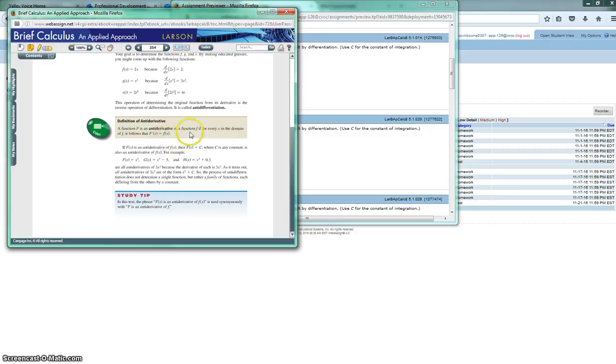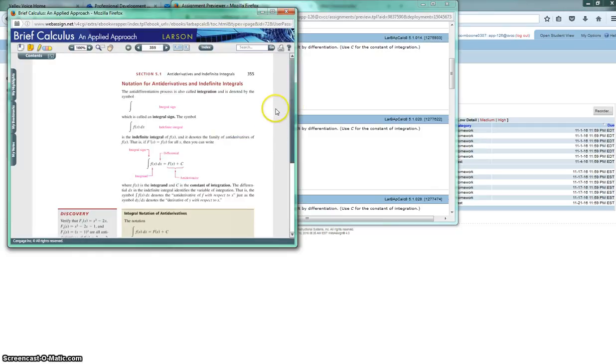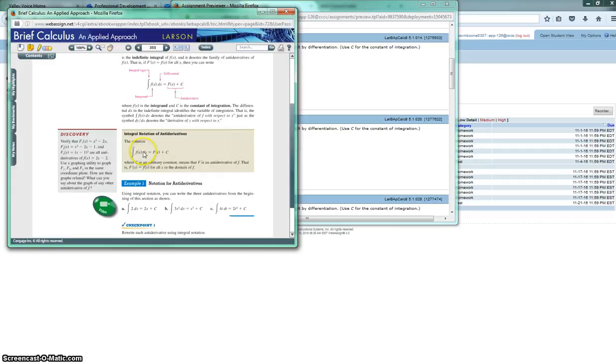So again, the process is we're working backwards. In the previous chapters, we've been finding derivatives. On this one, we're going to be given the derivative, and we're going backwards. The big thing to notice is they talk about integral notation. Integral notation is this little symbol here of some function, which is the derivative of something.